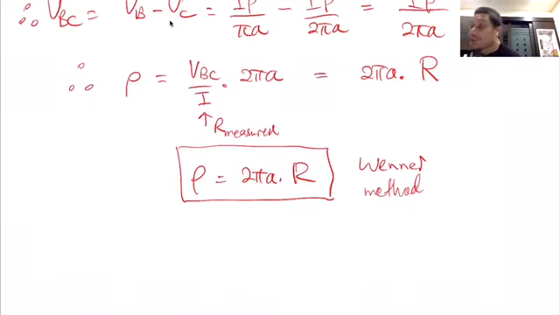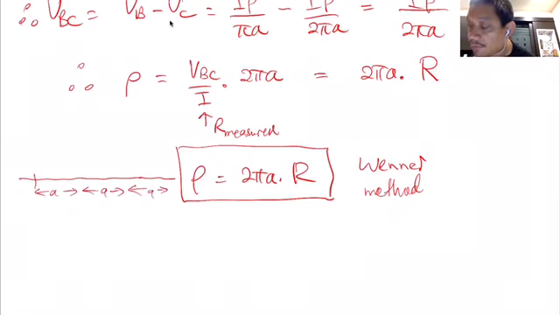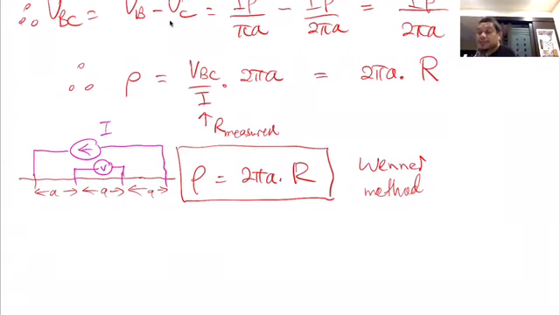So now can you rearrange? Therefore, rho equal to? Okay, so this is the Wenner equation. The Wenner equation is very simple: you have 4 electrodes, 2 electrodes for current, 2 electrodes for voltage, like this, that's all.